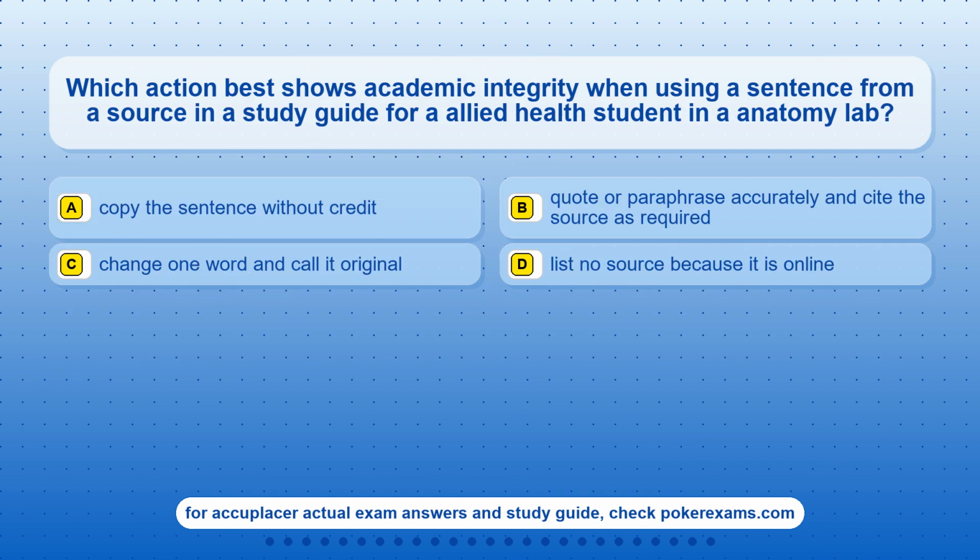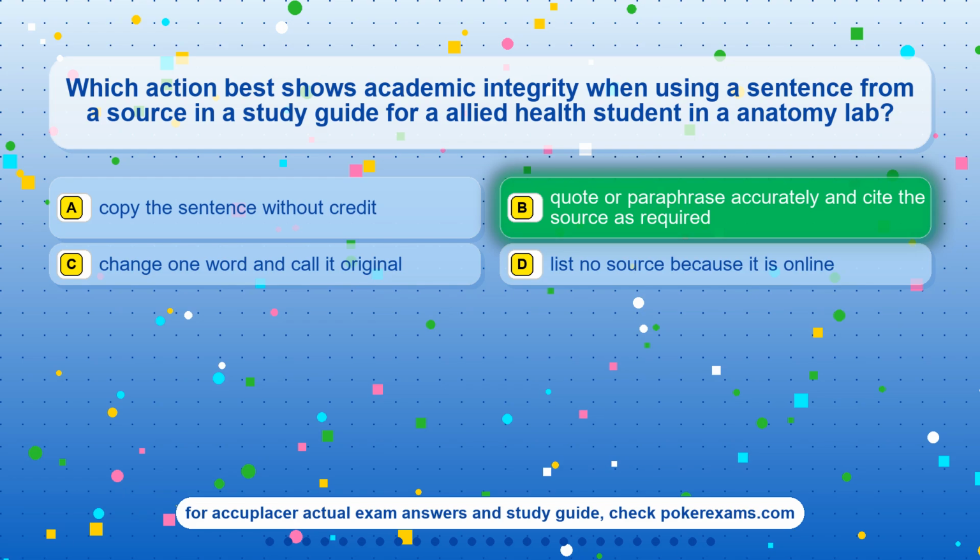Question 14. Which action best shows academic integrity when using a sentence from a source in a study guide for an allied health student in an anatomy lab? Option A. Copy the sentence without credit. Option B. Quote or paraphrase accurately and cite the source as required. Option C. Change one word and call it original. Option D. List no source because it is online.